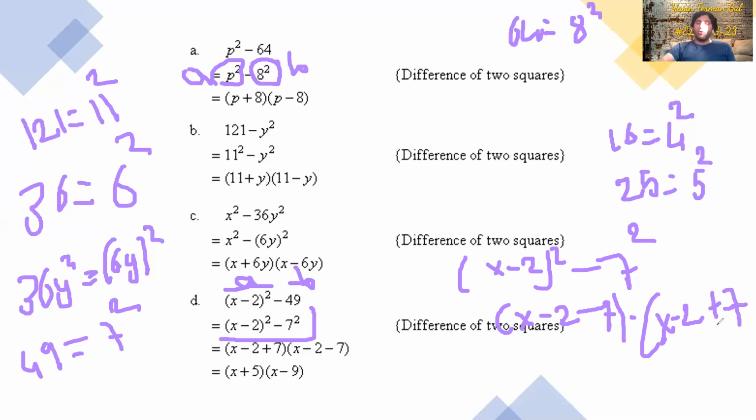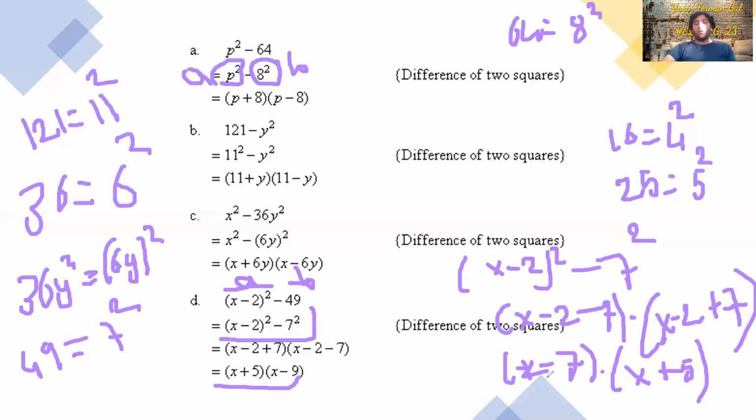When we work it out, x minus 2 minus 7 will be x minus 9, and x minus 2 plus 7 will be x plus 5. So the final thing will be x plus 5 times x minus 9.